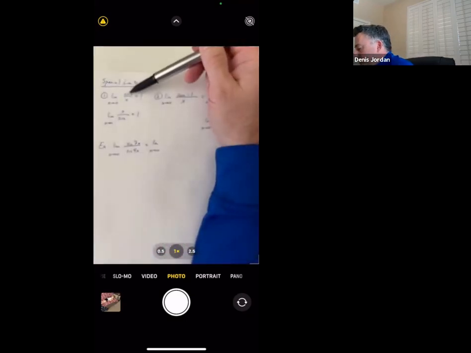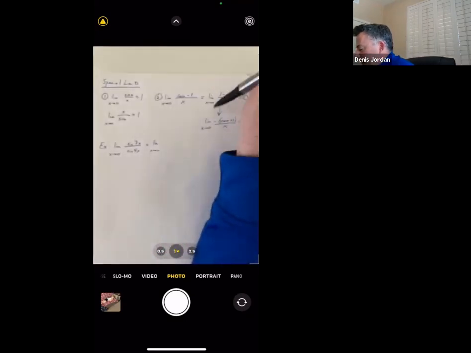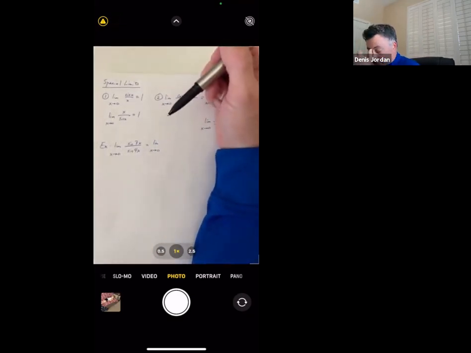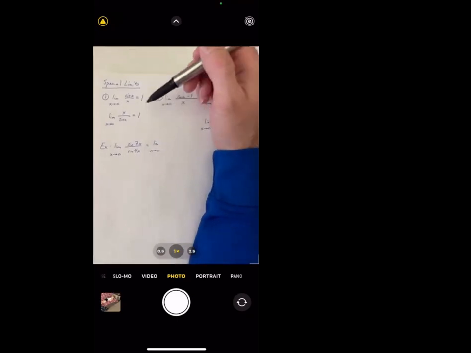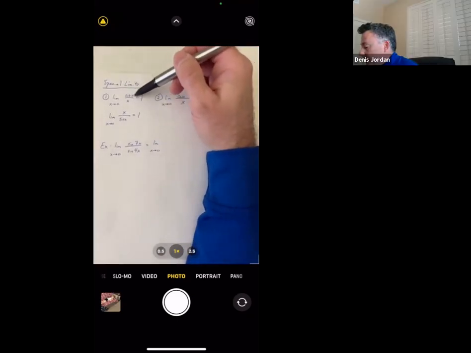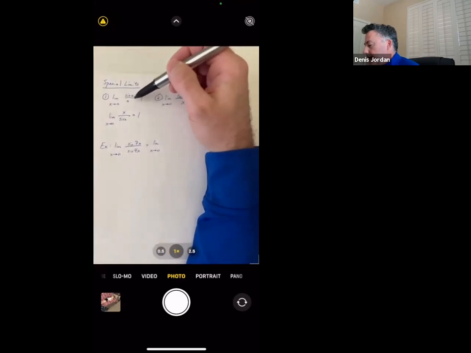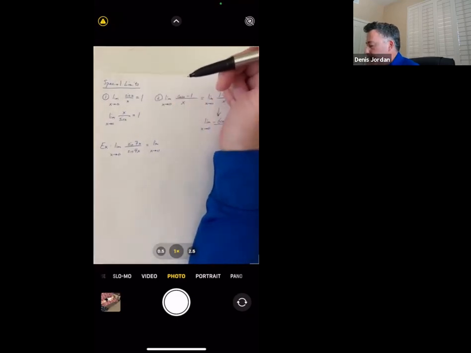In order to use any of these special limits up here, what has to be true about the angle and the denominator? They have to be equal. They have to match up. So if they're different, even in the slightest, then that limit doesn't apply and you've got to figure something else out.